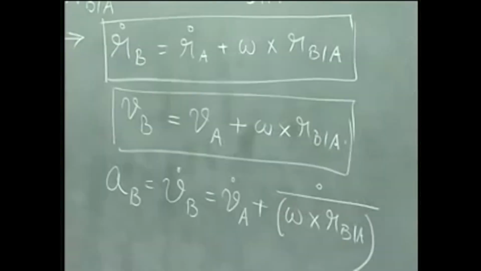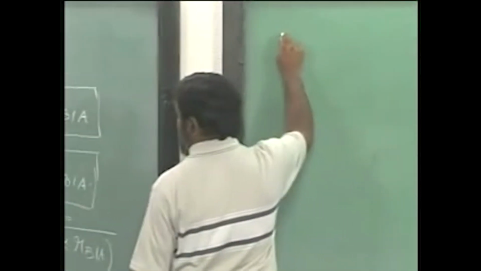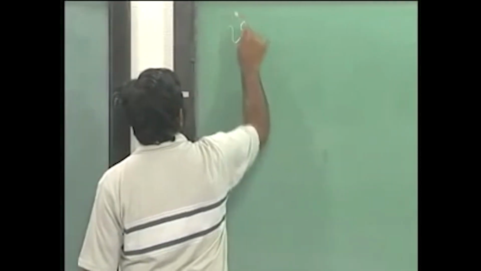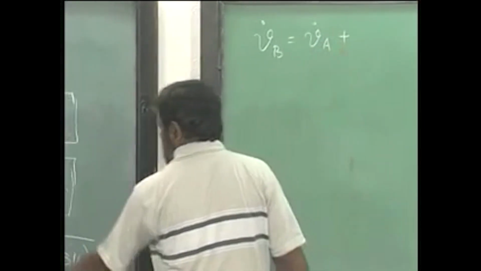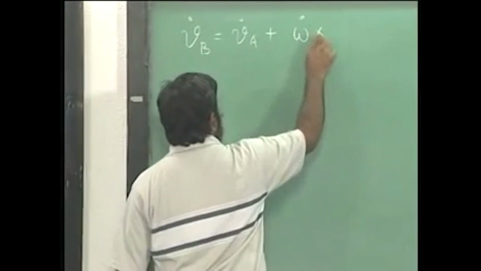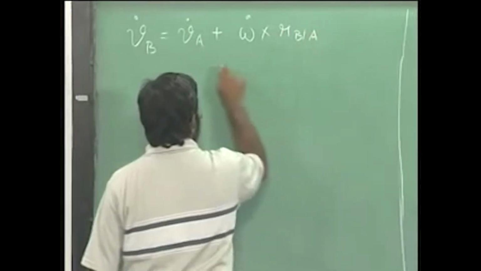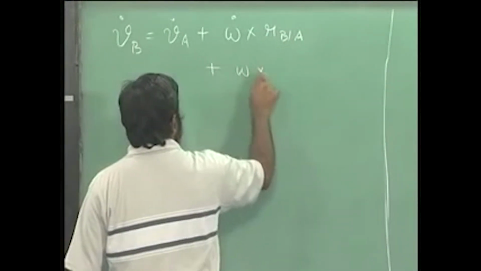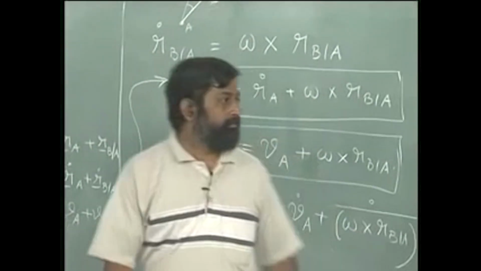Okay. Now this implies V dot B equals V dot A plus, what should happen to this? I will have omega dot cross R B with respect to A plus omega cross R dot B with respect to A. Looks okay?